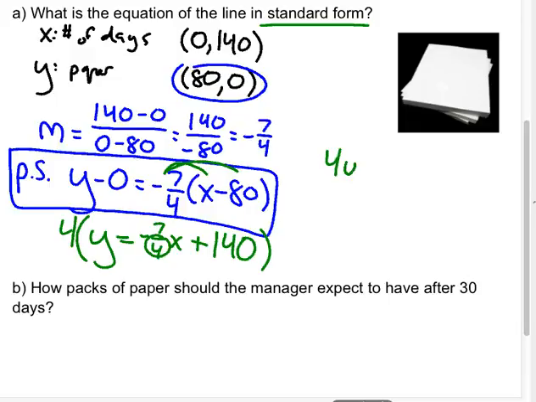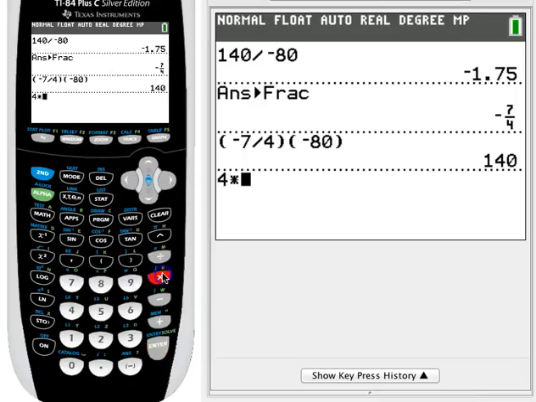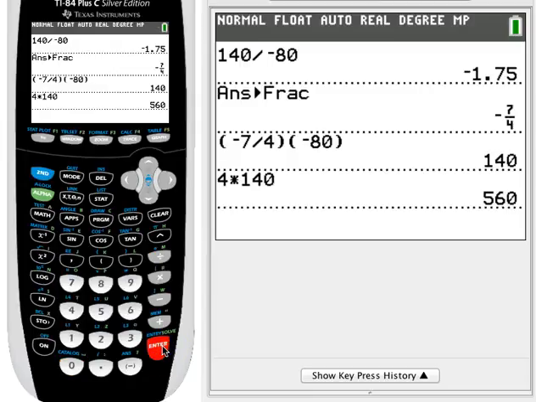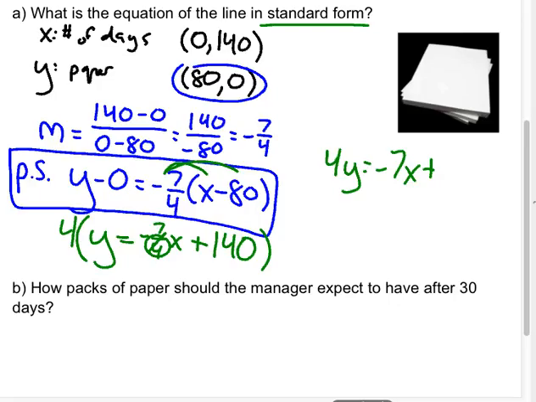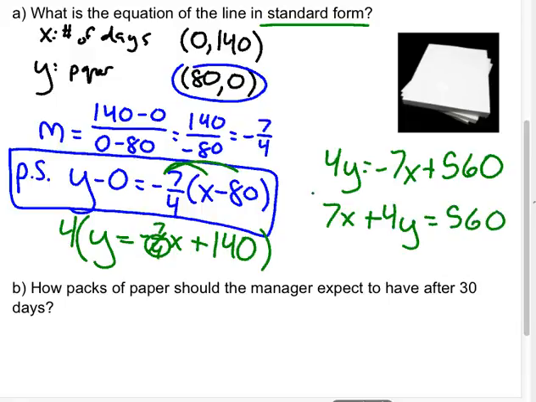So I'm going to have 4y equals negative 7x, because it canceled the fraction out, plus, well, now we need 4 times 140. So 4 times 140 is going to be 560. Standard form means x and y need to be together, so I'm going to add that over. So there would be my standard form of that equation.